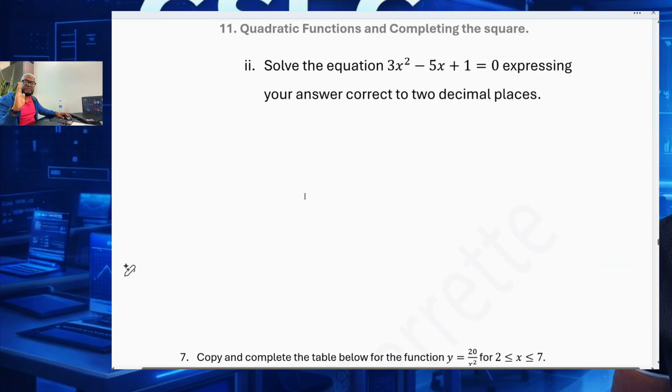Solve the equation 3x² − 5x + 1 = 0, expressing your answer correct to 2 decimal places. I'm trying to get you all to understand what's going on as opposed to just knowing what to do.